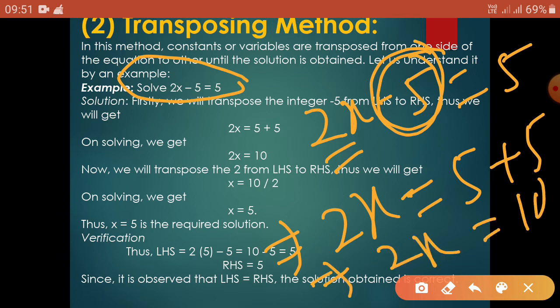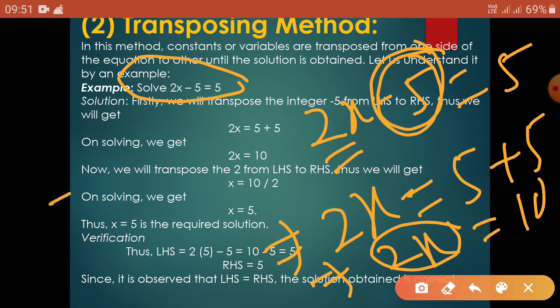Okay, now once again with the variable x, it is 2. So here 2 is there, so we have to transpose it. 2 is multiplied with x, so if we want to transpose this 2 to the right hand side, we have to transpose 2 by dividing 10.